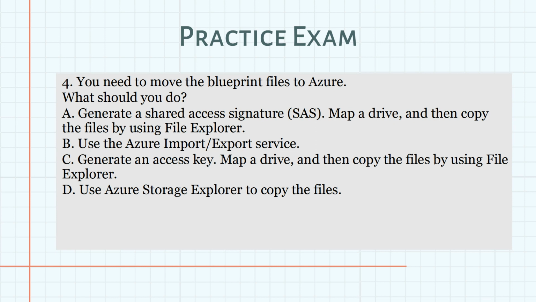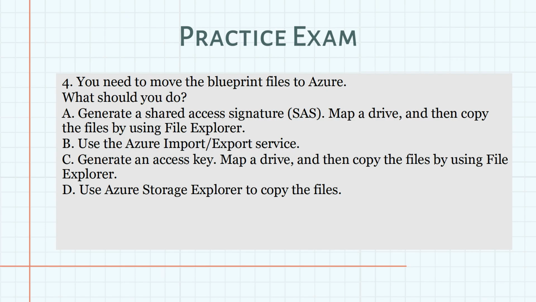4. You need to move the blueprint files to Azure. What should you do? A. Generate a shared access signature, SAS. Map a drive, and then copy the files by using File Explorer. B. Use the Azure Import/Export service.